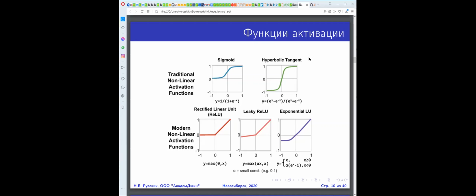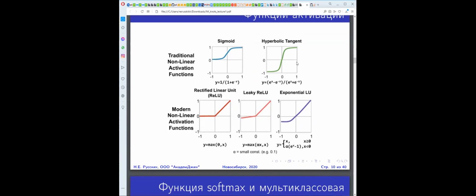But what is really used, at least in hidden layers in the middle of the network, is this kind of activation function. Because we're going to use gradient optimization on all these parameters, and the gradient for that is saturating. So to avoid that, this kind of thing was introduced.